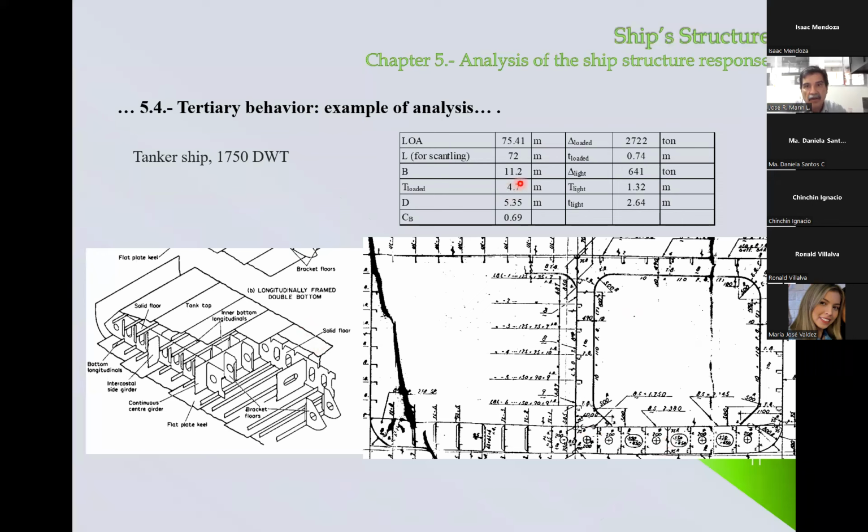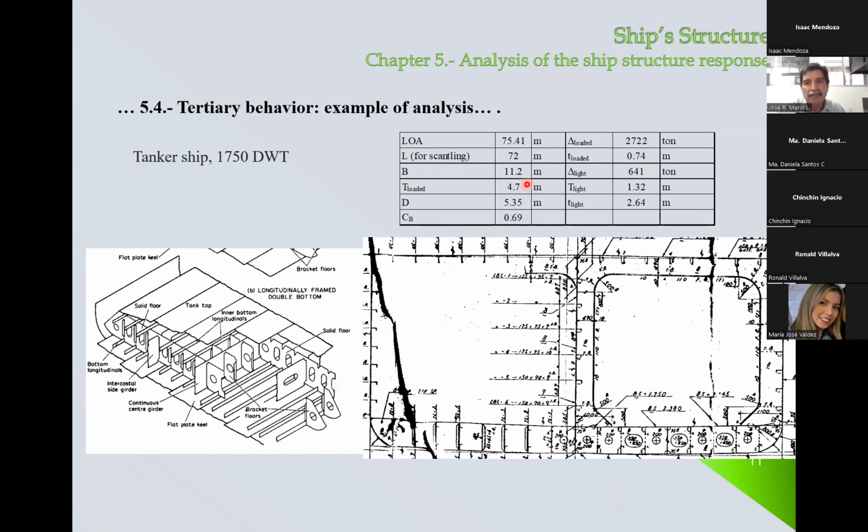So the beam was 11.2. From here to here, how much is going to be, Ms. Valdez? Yes, doctor. Come on, you don't need a calculator for that. Only estimate a value.